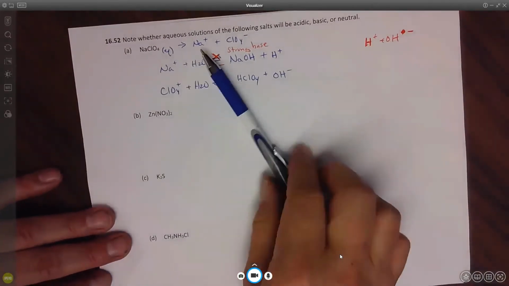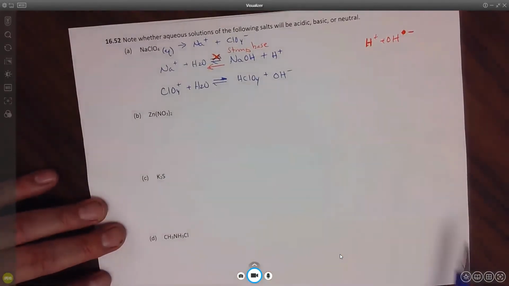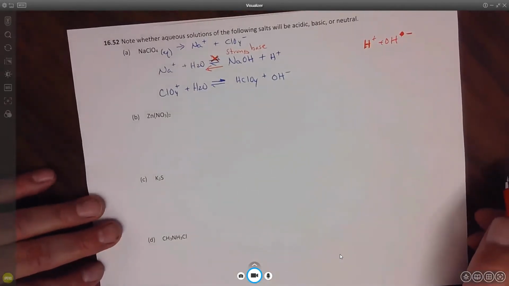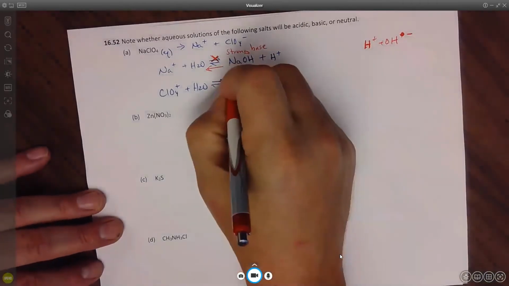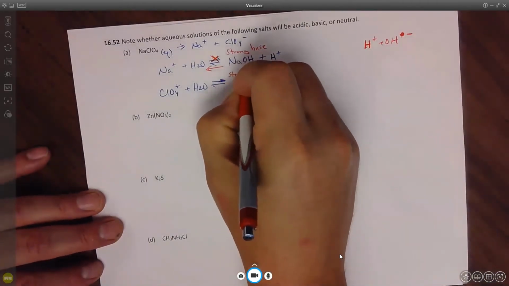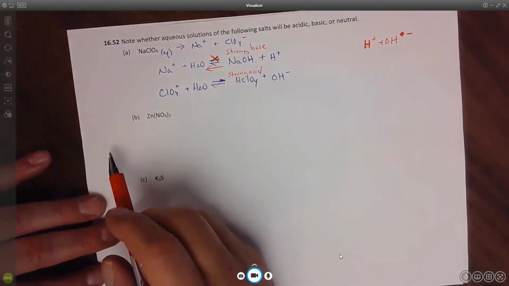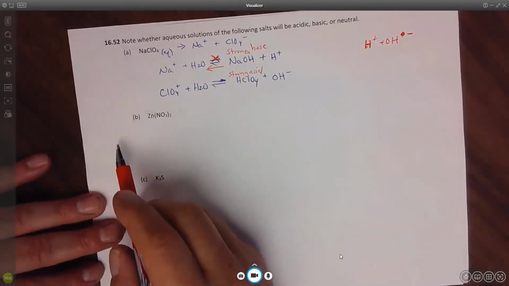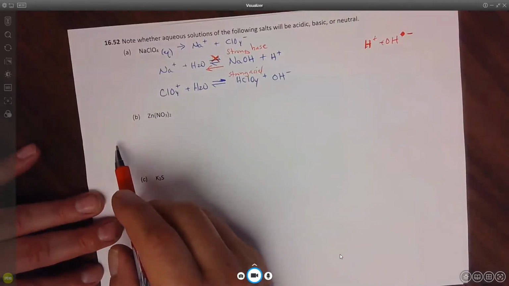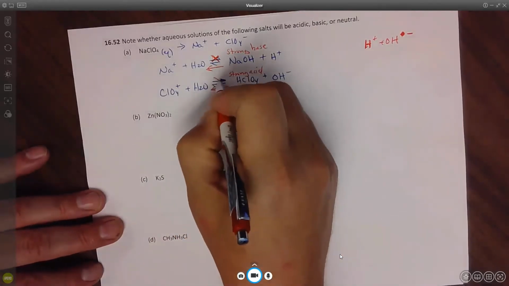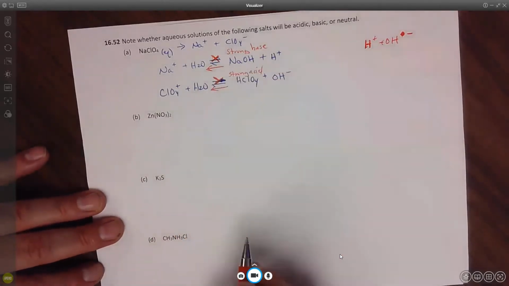So what would you classify this as? I think that's a strong acid. That is a strong acid. That's one of the 6 strong acids you must know. So will this reaction occur? No, because the strong acid is immediately again going to go that way. So this reaction would have never taken place to begin with.